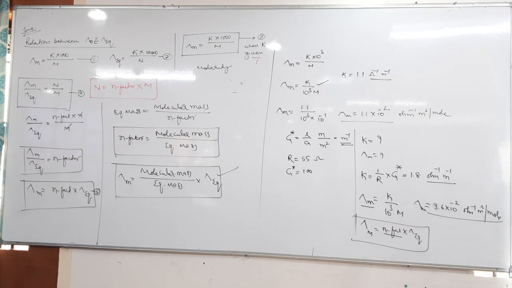Next, another question. The resistance of a conductivity cell containing 0.01 M KCl solution is 1500 ohms.